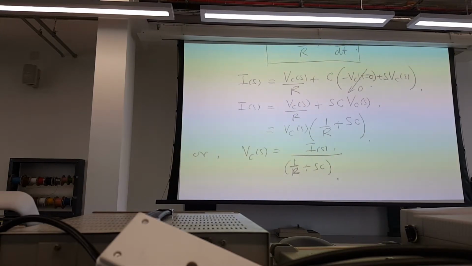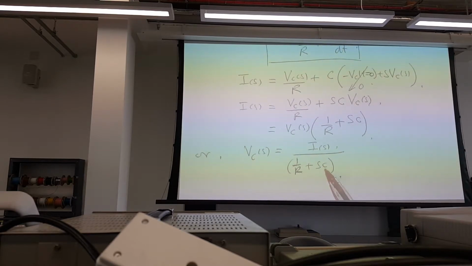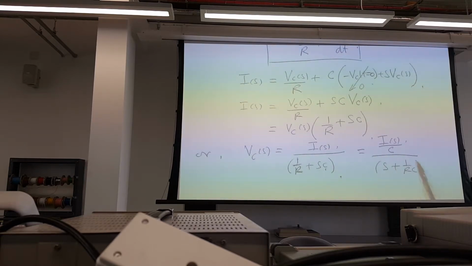We can divide the top and bottom of that equation by C. You see that C there? Divide the numerator by C, divide the denominator by C, and if you do that, you get I of S over C divided by S plus 1 upon RC, like that.